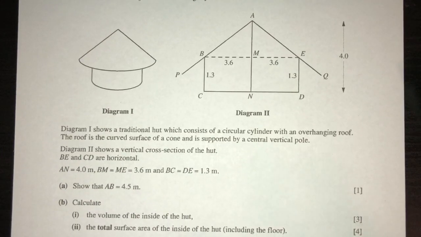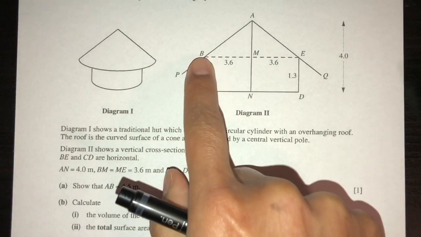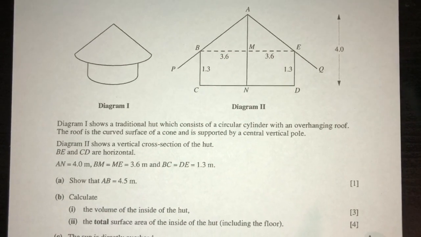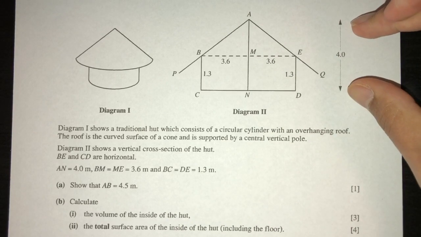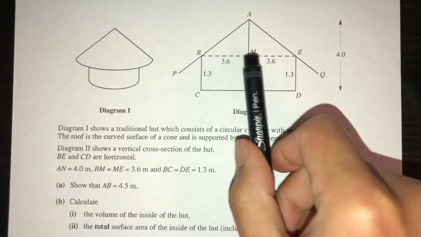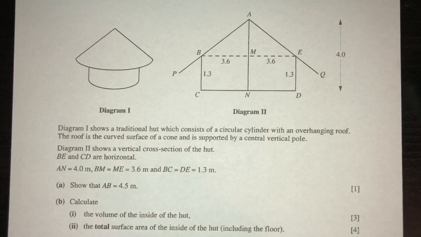Now it says BE and CD are horizontal. So BE and CD are flat or horizontal. Now AN, which is this height, is 4. BM is equal to ME, which is 3.6, 3.6. And we have BC, DE is equal to 1.3.